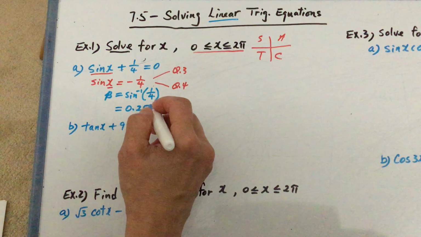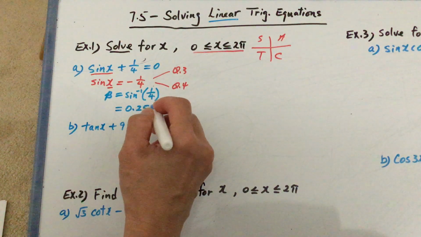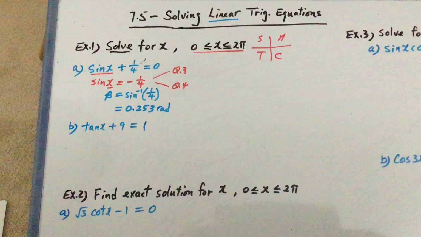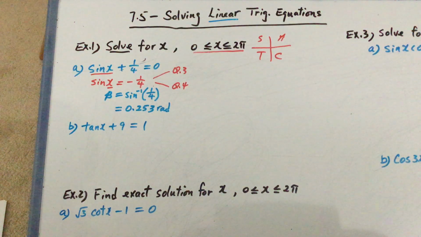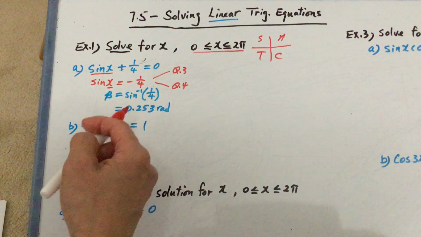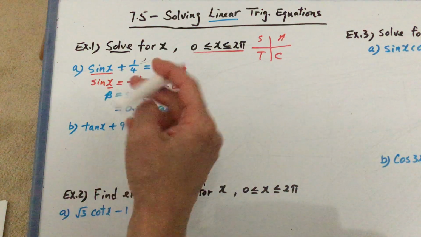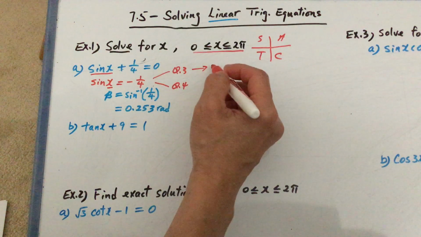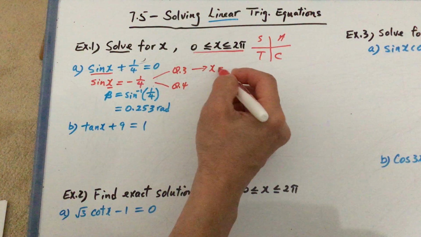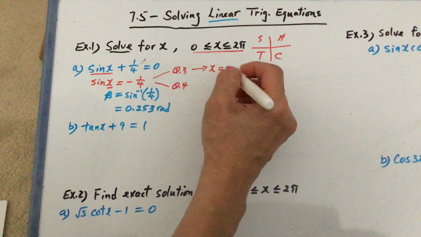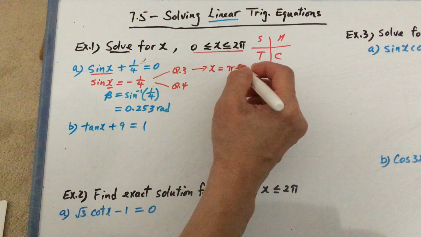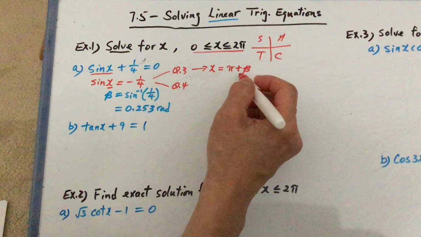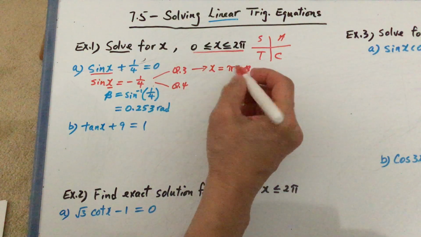So I will be rounding this as 0.253. But of course, you need to put in RAD at the end because this is the angle in radian measure. Once we know the related acute angle, the principal angle x is going to be equal to pi plus the beta. So I'm going to add the pi with the 0.253 rad.